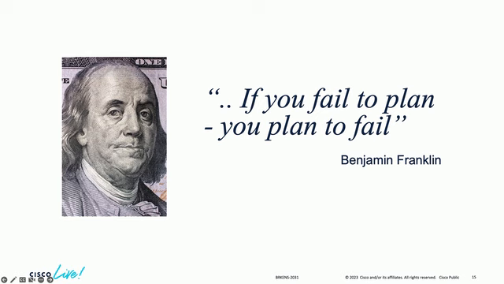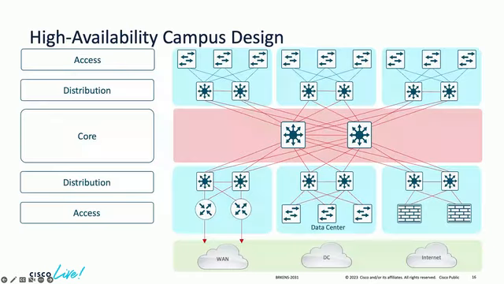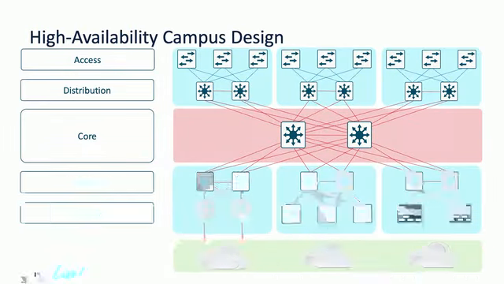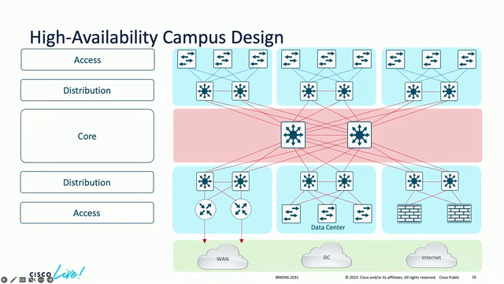So with that, let's move into hierarchical campus design. Hierarchical, so kind of back to basics. Hierarchical campus design is all about three fundamental layers: core, distribution, and access. Each layer in this architecture plays its own distinct role, and there is also an interaction between all these different layers.